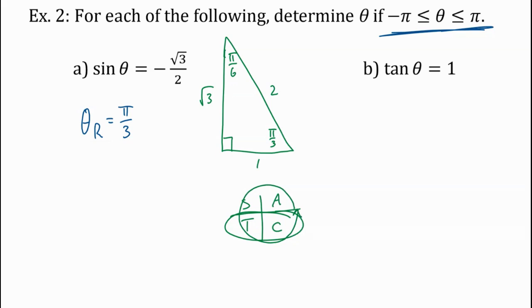And like we did in the last question, I would have got to 4 pi by 3 and 5 pi by 3 to get to them. But 4 pi by 3 is bigger than pi. It's not in this domain. So that's not how we do it. We have to go back this direction to get there, and back this direction to get there.